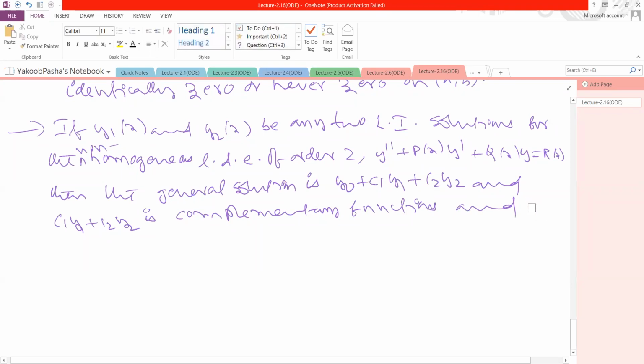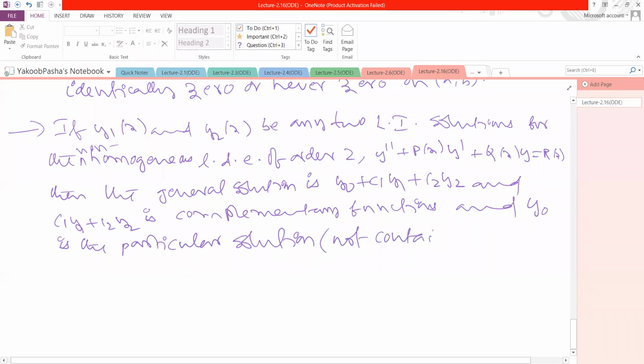This is y0. Y0 is the particular solution, and this particular solution has no arbitrary constant, not containing arbitrary constant. You have to observe this point.